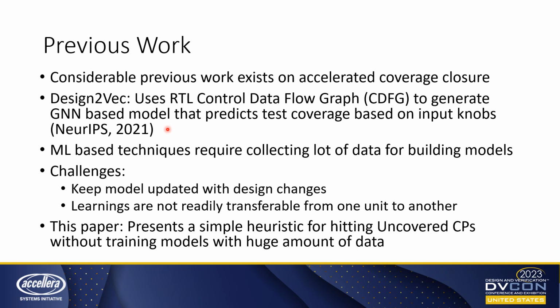If we have the simulation data and know which plusargs hit which coverage, and we have a high-level abstraction of the RTL in the form of a control data flow graph, then we can use these two pieces of information to generate a GNN-based model, which will predict what value of plusarg can hit what coverage.